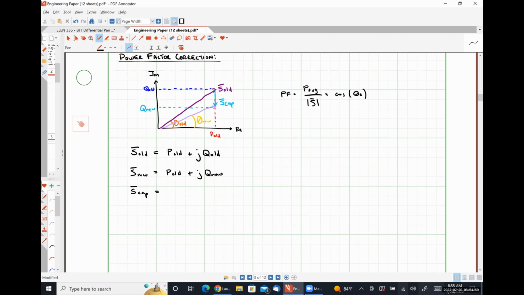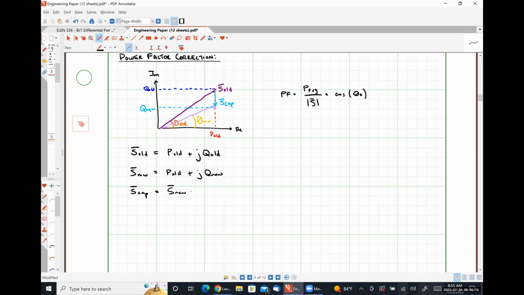The amount of complex power that is absorbed by our capacitor is simply the difference of S new and S old.